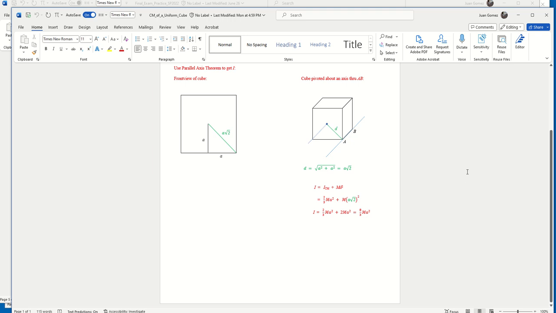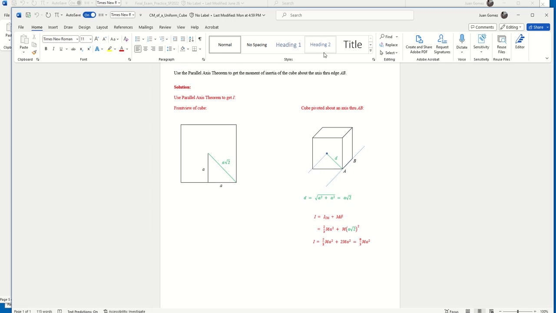So the moment of inertia of a uniform cube of mass m, sides 2a, pivoted about an axis that passes through one edge, as shown here, is I equal to 8/3 ma squared. And a similar problem is, I believe, on your final.